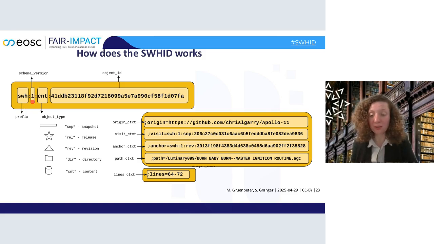Then you have a schema version, which is actually the hash computation method to get your SWHID. So if we have one, now it's for the SHA-1 method, which can change. This is very technical, if there are SHA-1 collisions, we might want to evolve the schema version, and we will have a SWH with the number 2, with a stronger hash function.